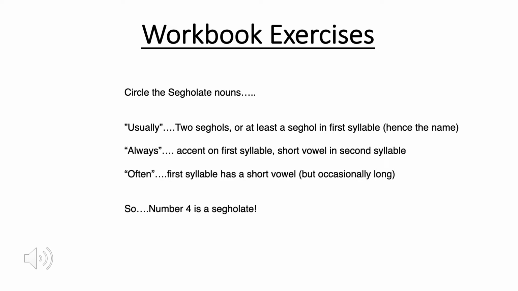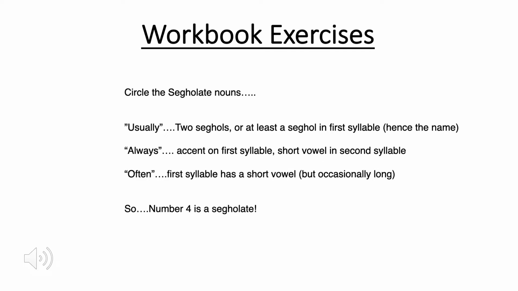For instance, the word melech, king, has a segol in both the first and the second syllables. The first syllable maintains the short vowel, even though it's an open syllable, because it is accented. The second syllable maintains the segol because it's a closed syllable. Often, the first syllable will have that short vowel, either a segol or a patach, but occasionally the first vowel will be long, which is also allowed even though it's an accented syllable.